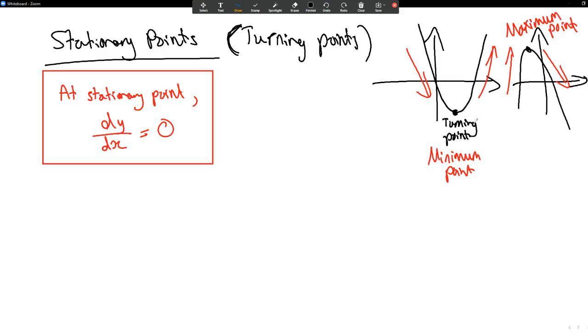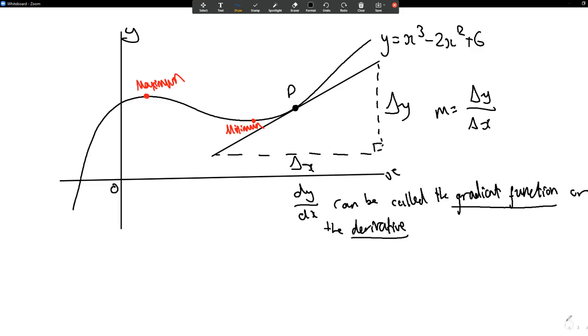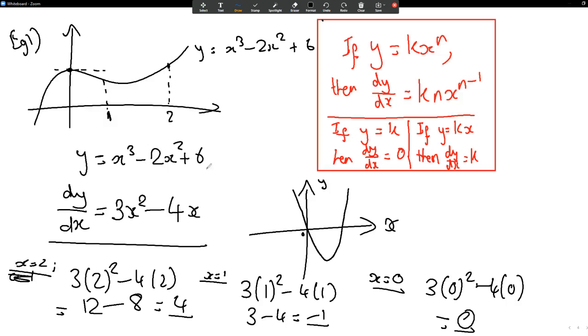It kind of makes sense if you think about it. At this turning point, the gradient is equal to 0, because it's not going up or down at that one point. If we go back here, it's just staying the same.